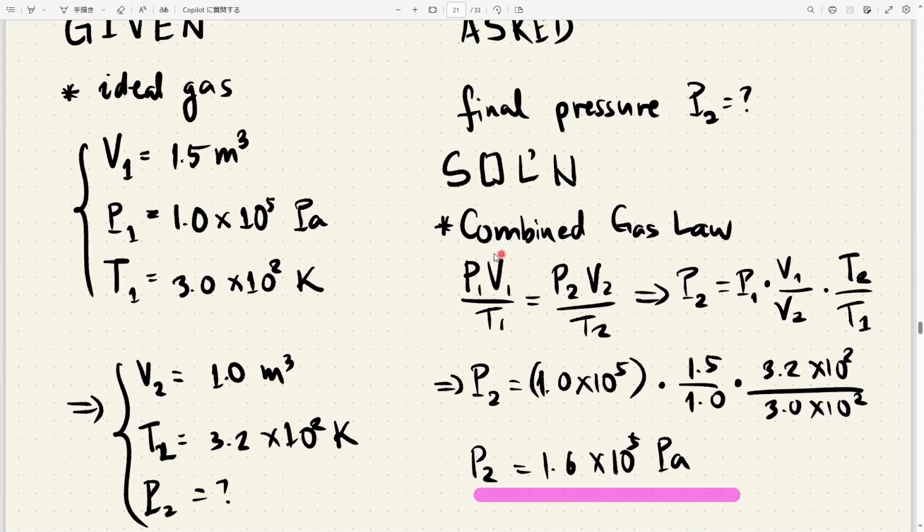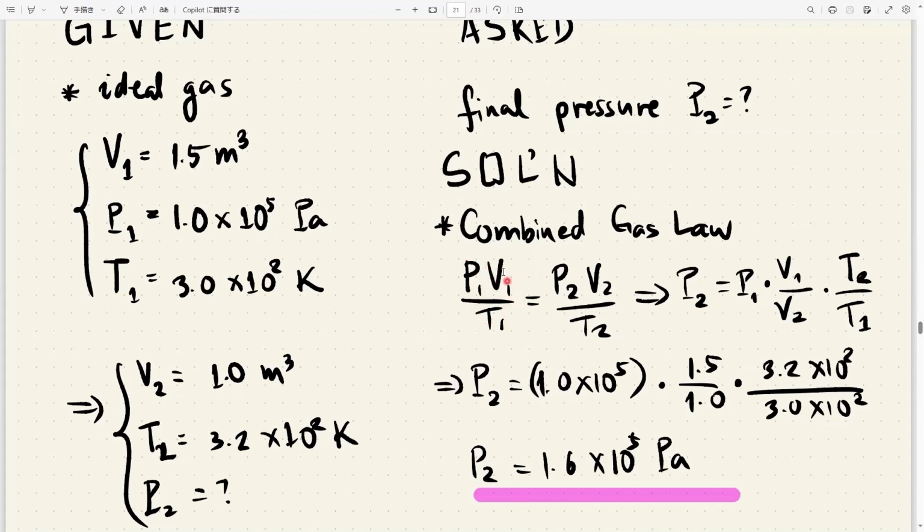To solve this, we just use the combined gas law. The combined gas law states that the ratio of the product of pressure and volume to the temperature remains constant. So in this state before the compression and heating, this term, because it's not just a product, it's a ratio of a product to a number, right?